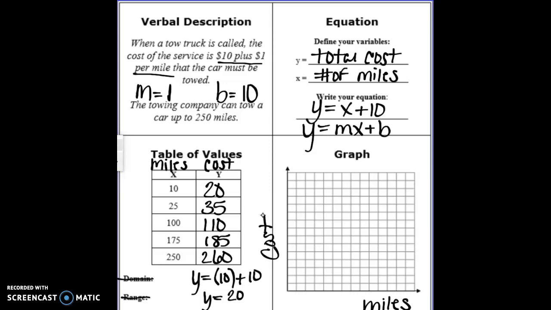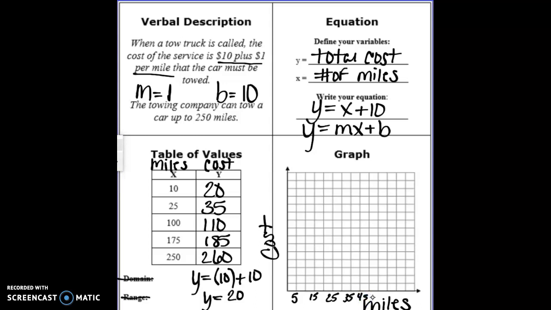So before I can plot any points, I need to create my scale. So for my scale for my x-axis, I'm going to go by 5. So that's 5, 10, 15, 20, 25, 35, 45, and so on and so forth, right?